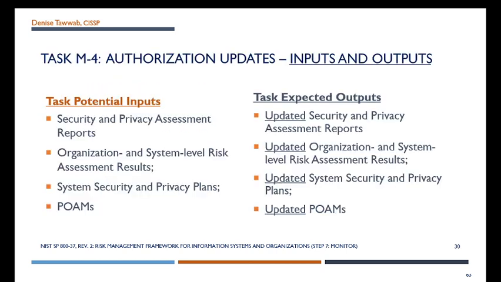Potential inputs to authorization updates are going to be your security and privacy assessment reports, your risk assessment results at the system and organization levels, the system security and privacy plans, and your plan of action and milestones. The expected outputs would be updated security and privacy assessment reports, organization and system level risk assessment results, updated system security and privacy plans, and updated plan of action and milestones.